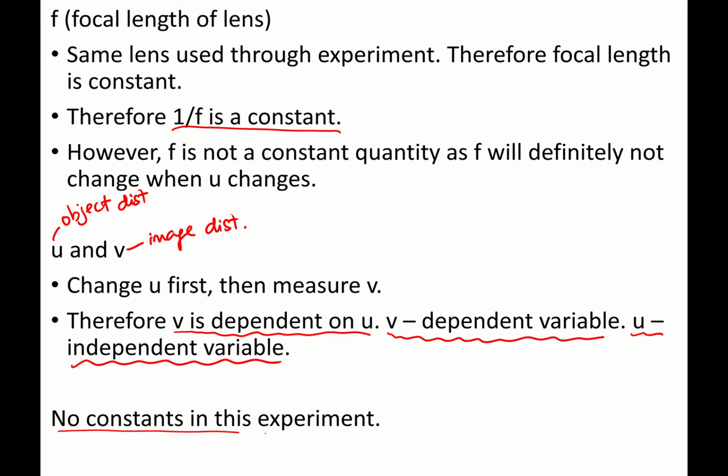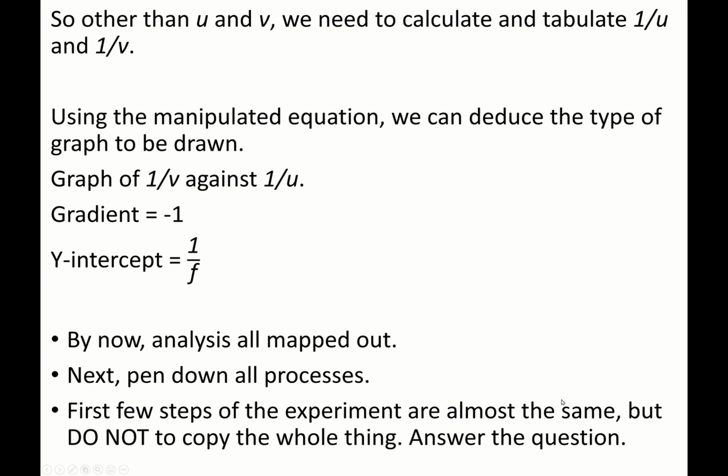And note that in this practical, there are no constants. So we look back at the questions, we didn't ask for any constants. So also note again, the formula is 1 over f equals 1 over u plus 1 over v. So other than u and v, we will need to calculate and tabulate 1 over u and 1 over v.